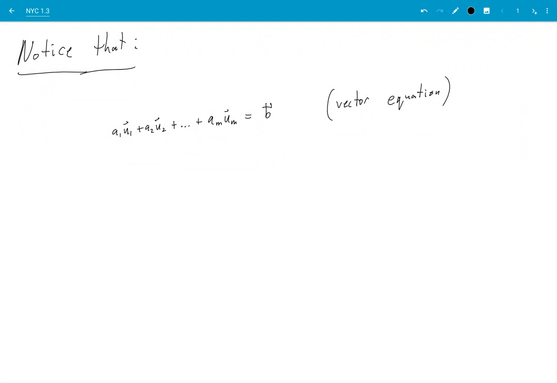We put this double-sided arrow, which means it is logically equivalent to this matrix in which U1 is our first column, U2 is our second column, we have some intermediate columns, and we have U.